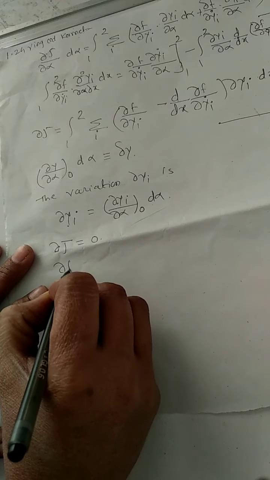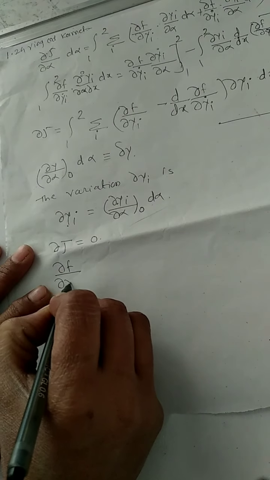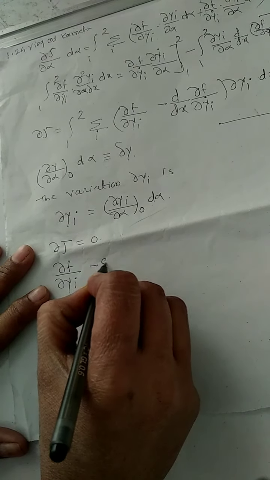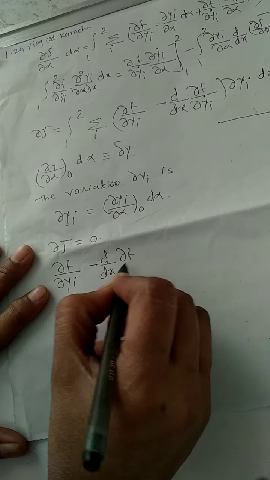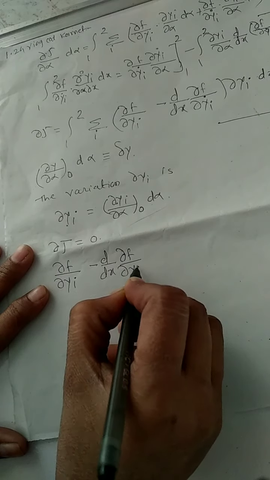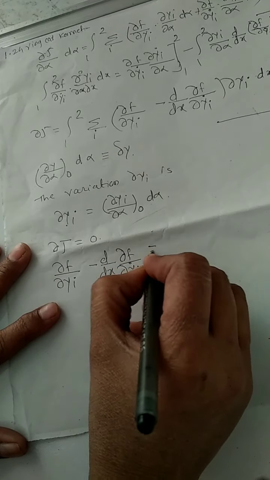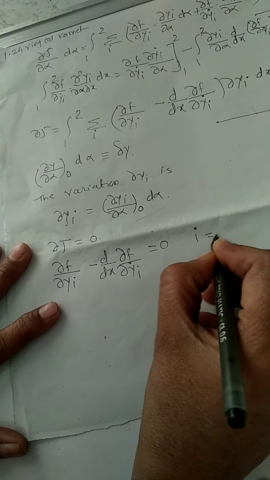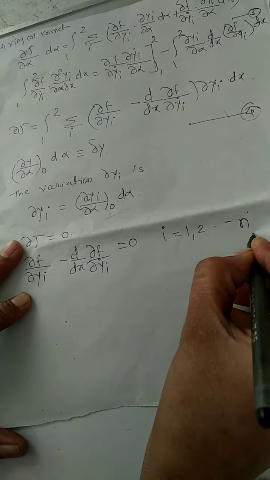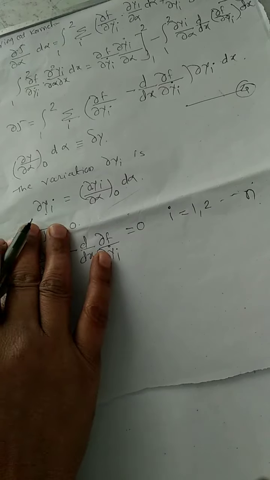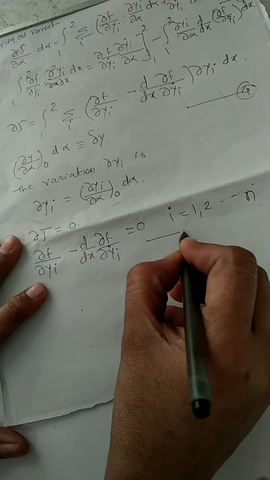Then del f upon del yi minus d upon dx of del f upon del yi dot is equal to 0, where i is equal to 1 to n, and this is equation number 5.